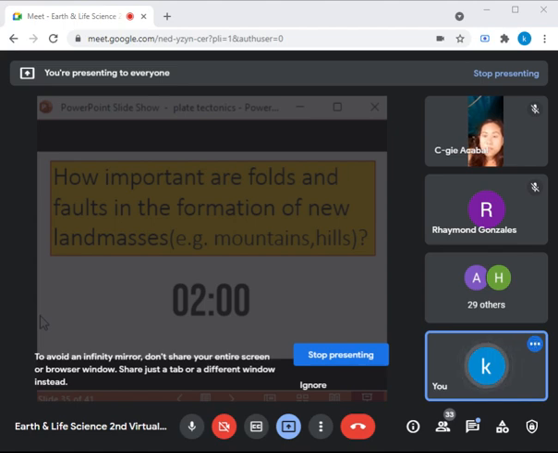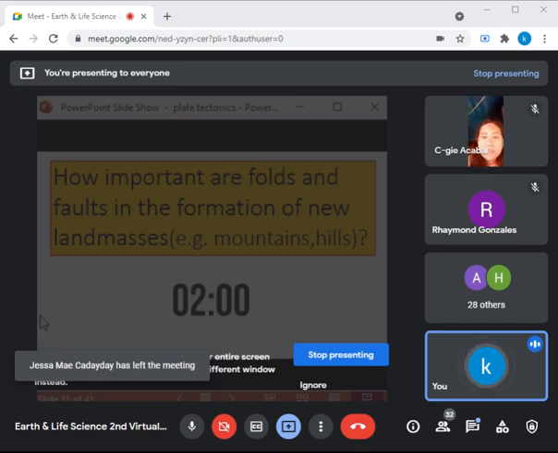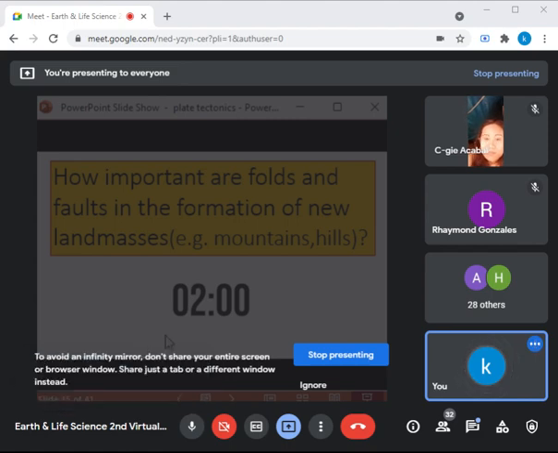Land masses just like mountains and hills. Unsay importance ani folds, faults, and plates in forming new land masses, just like the mountains and hills. So I am giving you 2 minutes, and then we will have at least 3 or 4 to share their answers. Timer starts now.